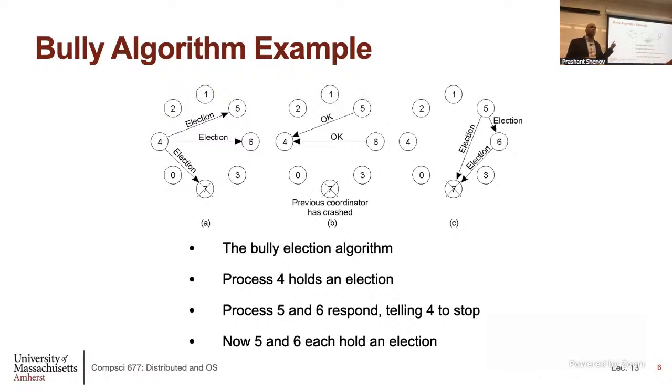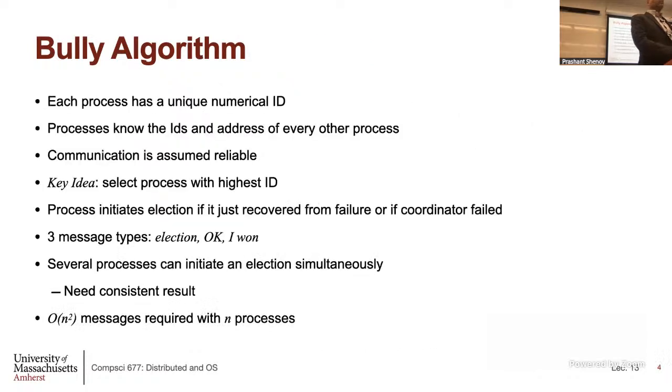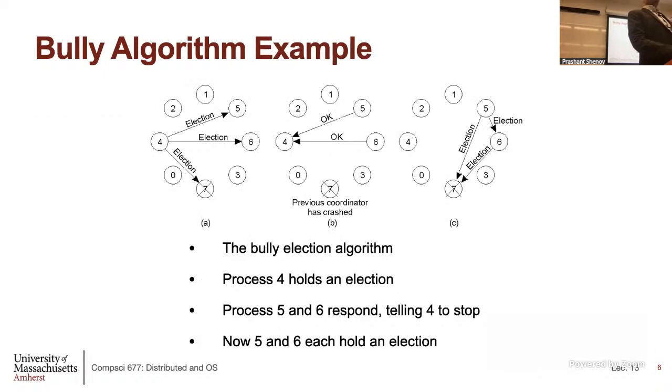Okay? All right. So what do you think is the message overhead of this algorithm? There are n nodes. How many messages are exchanged before a leader is actually elected? Okay. So you should realize it's order n squared, because you could have a case where the lowest ID process 0 starts an election that triggers n messages, and rather n minus 1 come back, and then each of them basically keep going, and so you have order n squared.